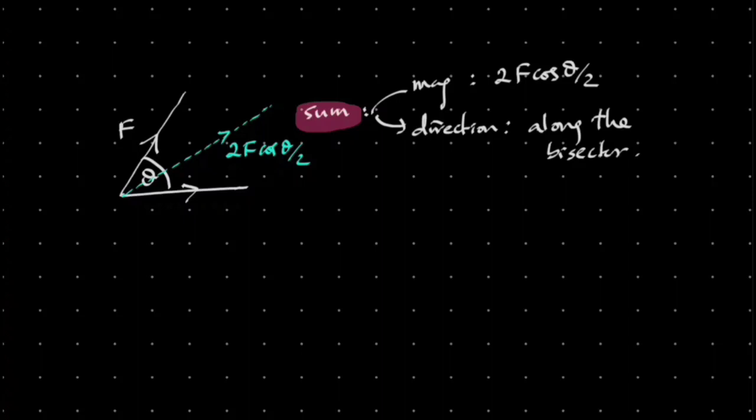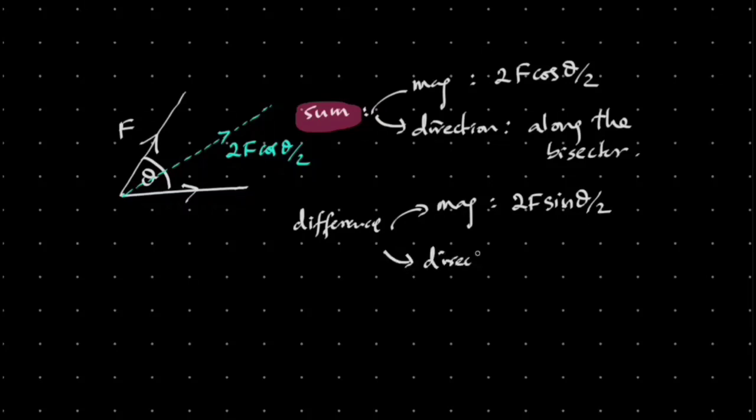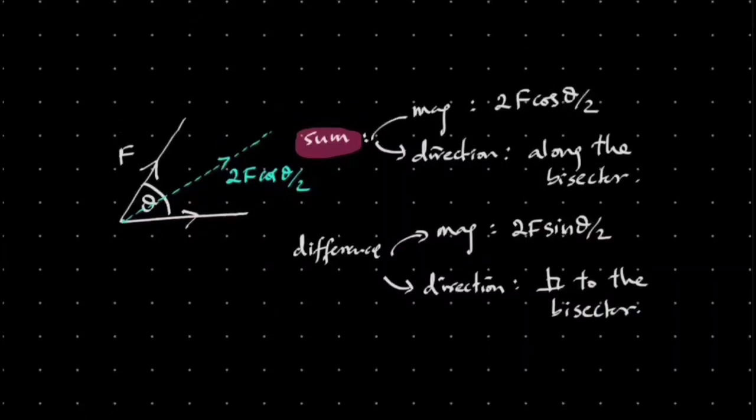Now also we can talk about the difference of the two vectors, whatever that means. If you subtract the two vectors, its magnitude would be equal to 2F sine half of the angle, and its direction will be always perpendicular to the bisector.